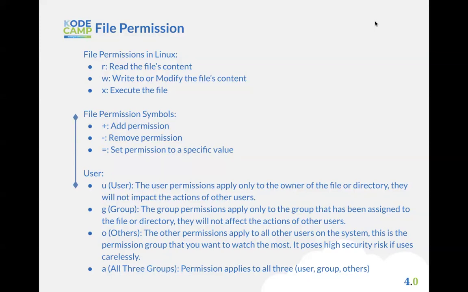You can add permissions to a particular group of users, and it should affect the users within that group, and it does not affect users outside that group. Now, the others, this affects people outside the group, right?